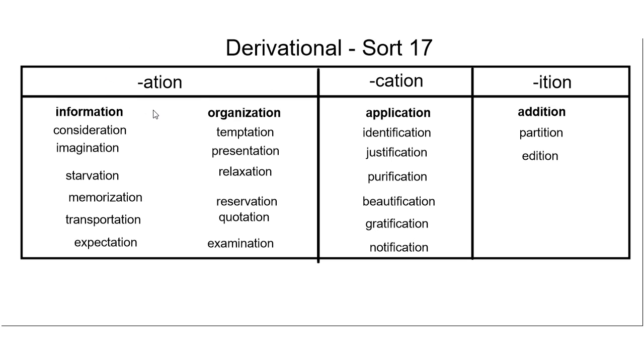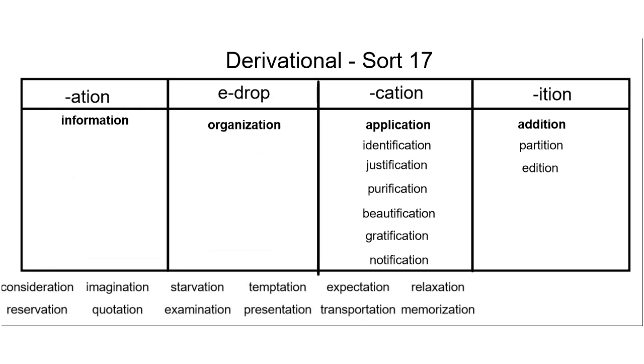This category, it is especially important to look at the root word and figure out how the ation is added to the word. Let's go ahead and resort these words in a different way. In order to do this, you'll want to reset all of the words from that column and pull out that E-drop category.